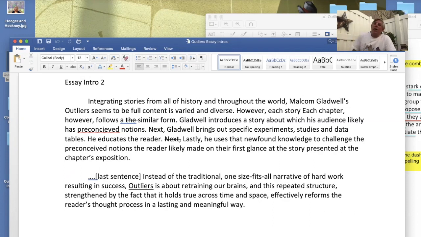And with this essay, I also decided I was going to include the last sentence, which I thought really upped the game here of the whole essay. A really strong last sentence, and it reads like this: instead of the traditional one-size-fits-all narrative of hard work resulting in success, Outliers is about retraining our brains, and this repeated structure, strengthened by the fact that it holds true across time and space, effectively reforms the reader's thought process in a lasting and meaningful way.